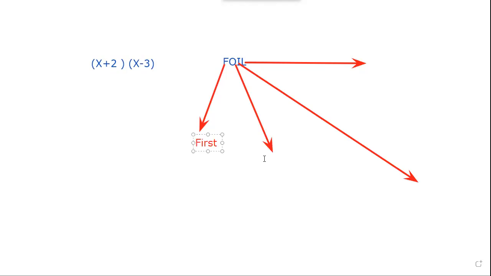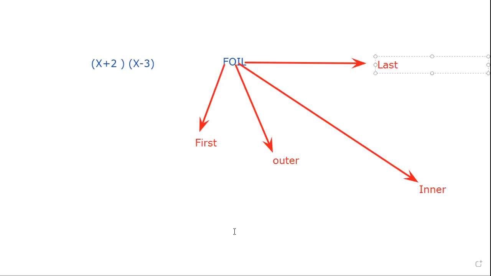And what about O? Outer. And what about I? Inner. And what about L? Last.